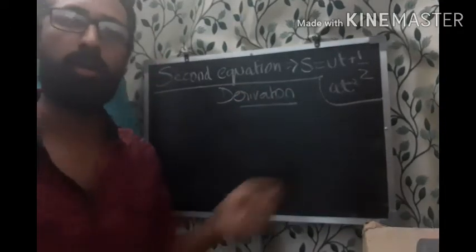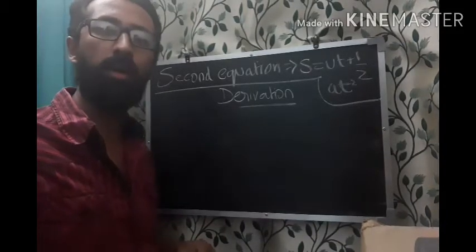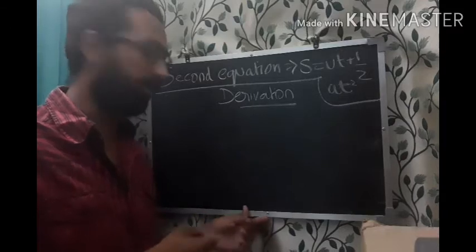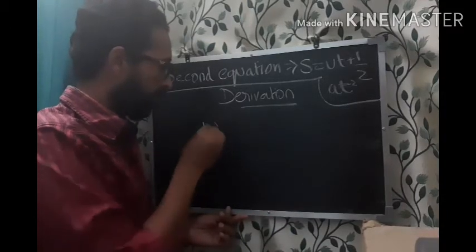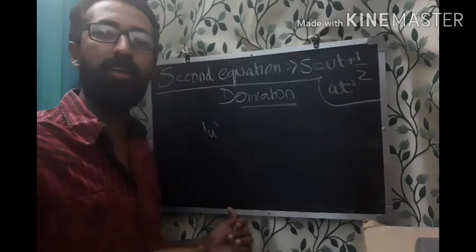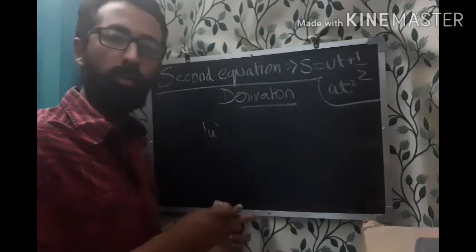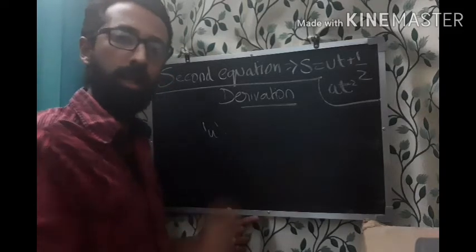First we will write the introductory line, that is, let us consider a body moving at an initial velocity u, which has a uniformly accelerated motion, and is moving for a time of t.